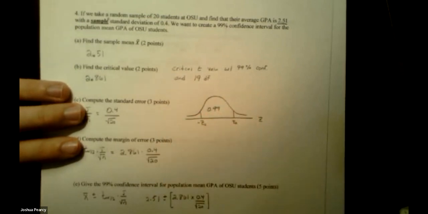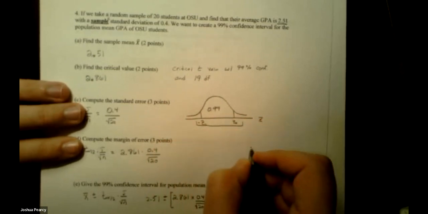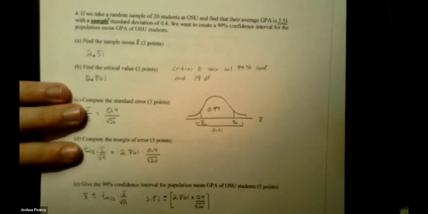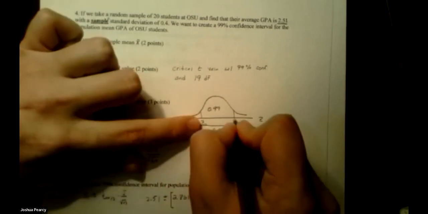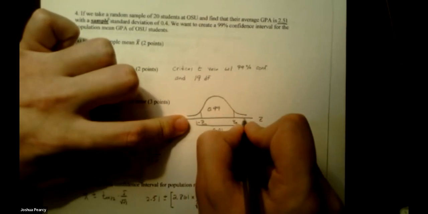Then that implies that the area in these two sections added together, these two tails, is 0.01. And since these are the same number of standard deviations away from the mean on both sides, the area in this tail is going to be the same as this one.